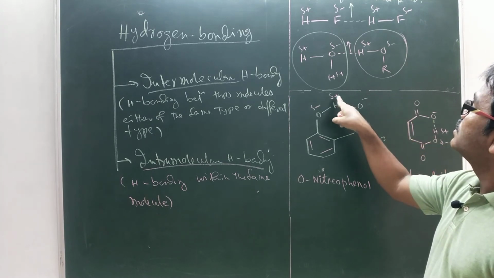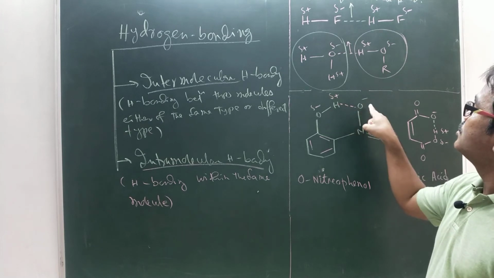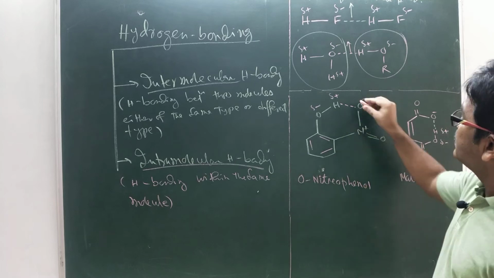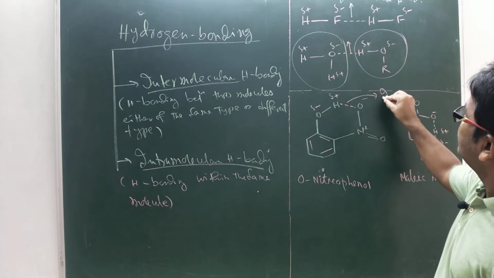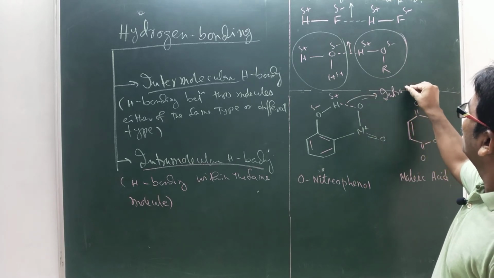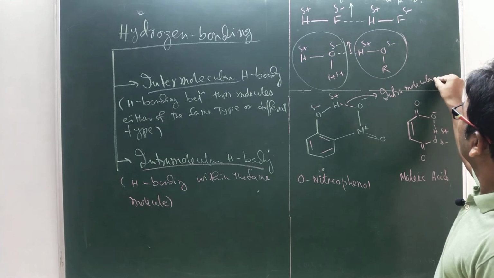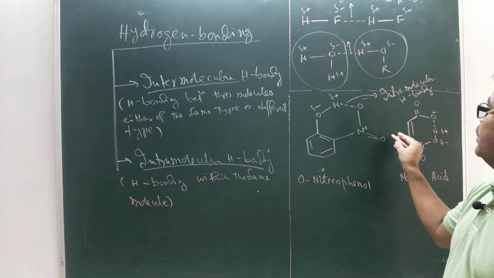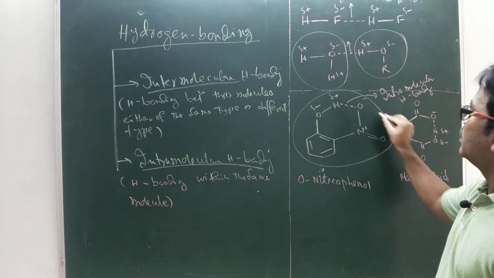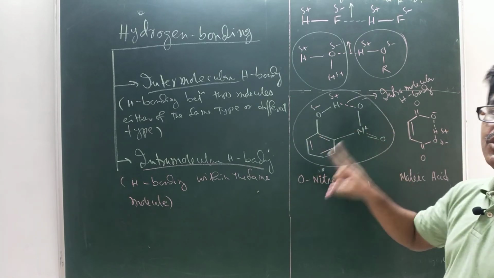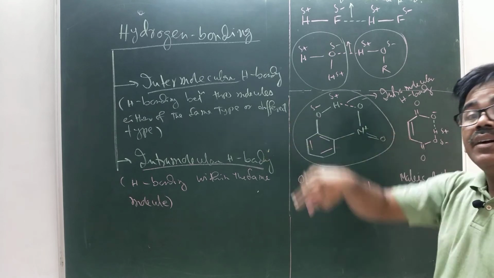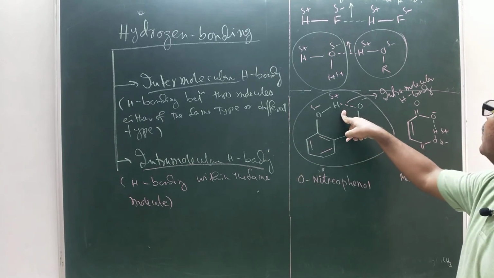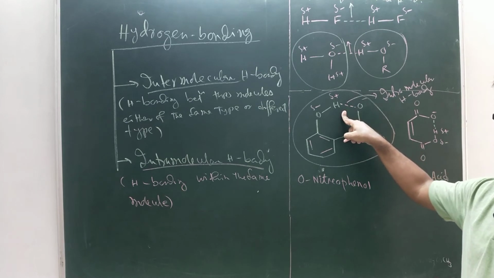Now between this hydrogen positive and oxygen negative, delta negative, there is a hydrogen bonding. This hydrogen bonding I say is intramolecular hydrogen bonding, because this hydrogen bonding is taking place within the same molecule. No different molecules exist; only one molecule is there. What is the molecule? Orthonitrophenol. This hydrogen bonding is called intramolecular hydrogen bonding.